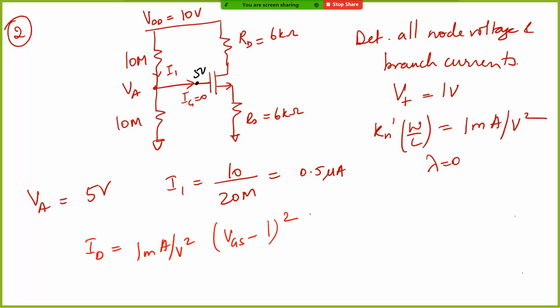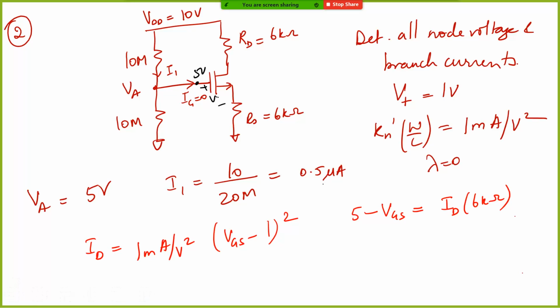Now VGS can be written as what? 5 minus VGS is equal to this voltage, which is nothing but ID times RS. Is it clear?